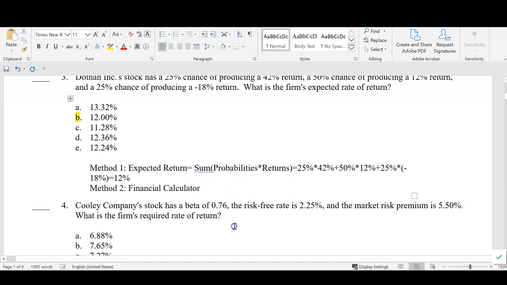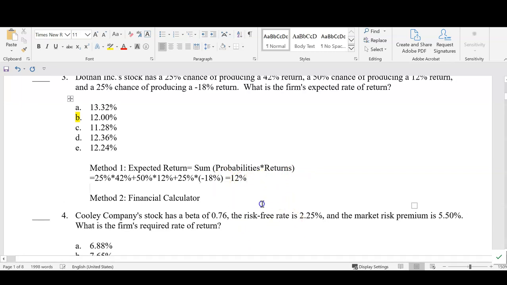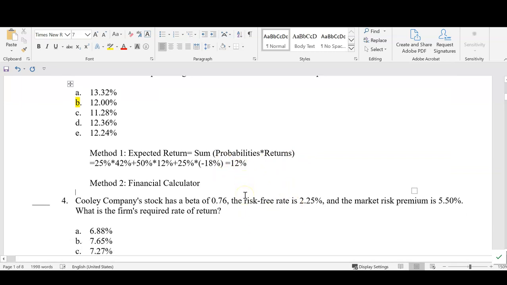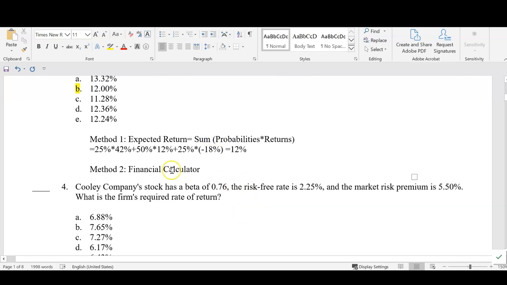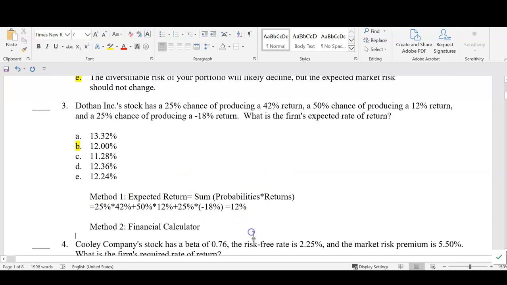As our expected return. Okay, method 2: financial calculator.